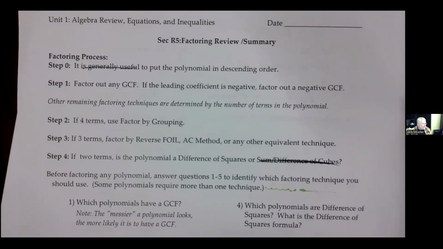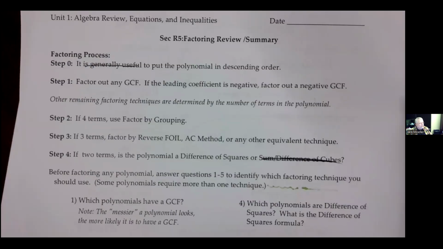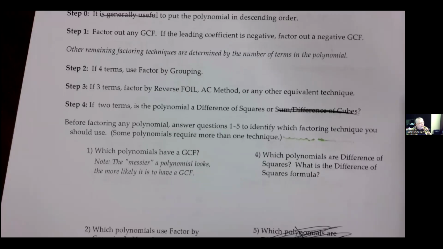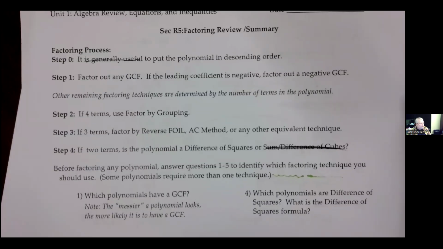So remember, any polynomial could potentially have a GCF. The messier it looks, the more likely it is to have a GCF. Look for numbers and variables. You're looking for GCFs. If the leading coefficient is negative, then you will factor out a negative as part of your GCF. And then if there's 4-term polynomials, you use factor by grouping.